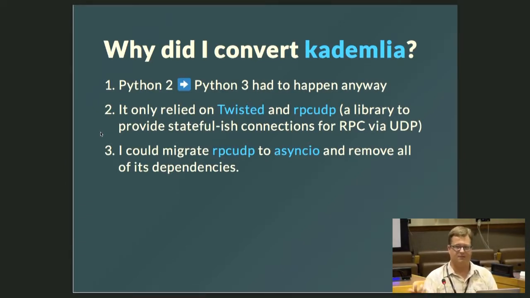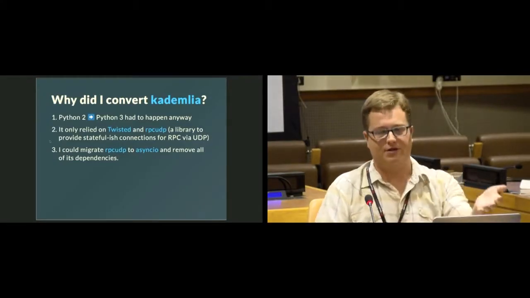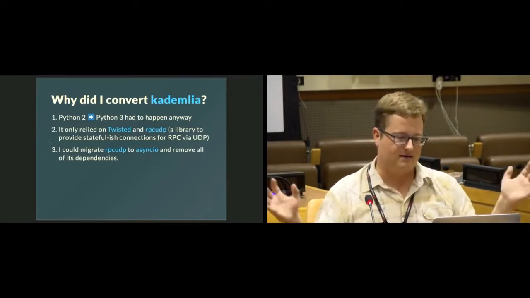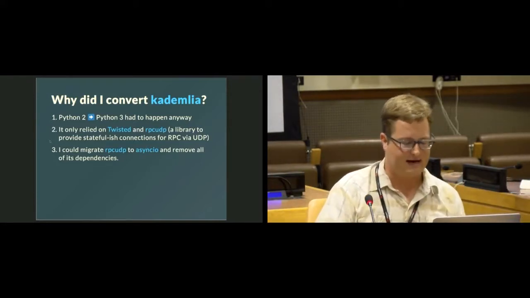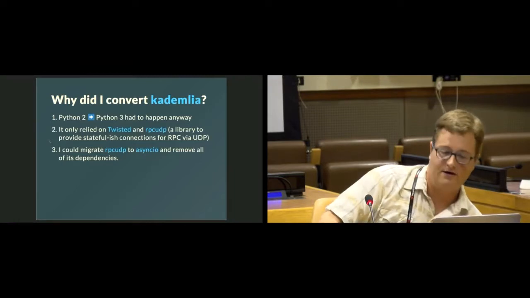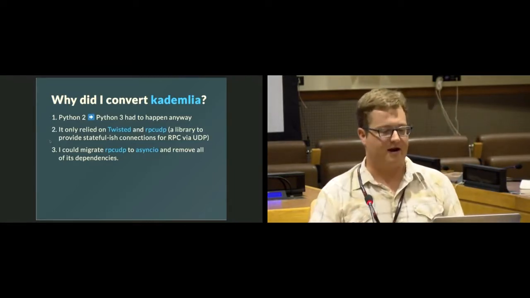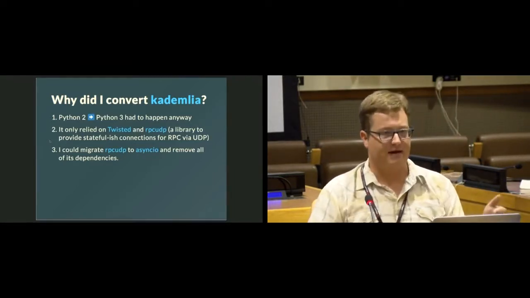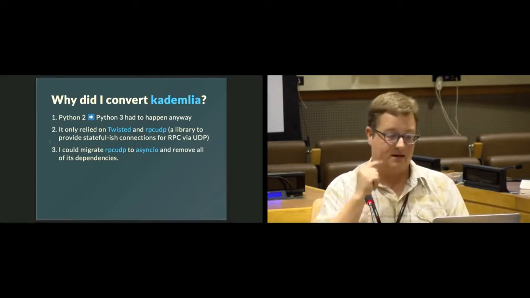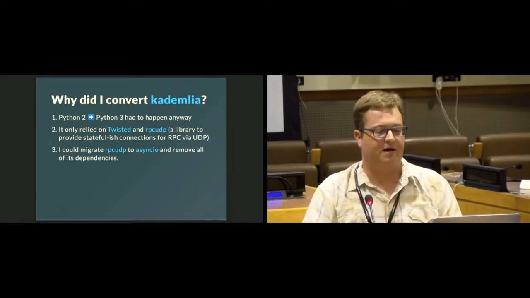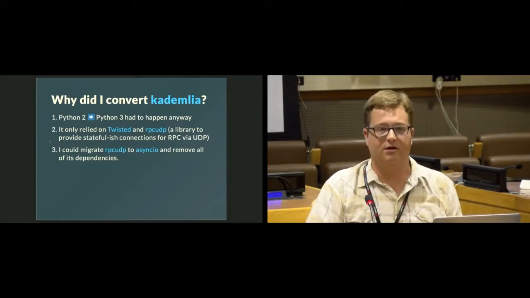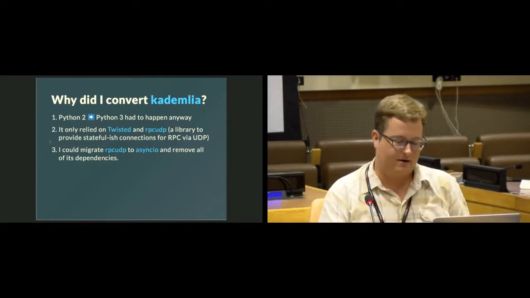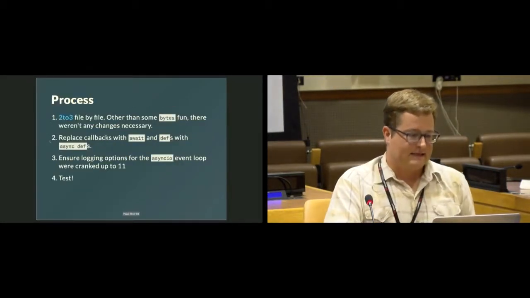So the amount of network traffic is much, much lower, but your latency is much, much higher, which is great if you don't know if another machine is up and if you have to talk to lots of them at once, like the distributed hash table. And then I knew that I could migrate RPC UDP to asyncio, and then just remove all of its dependencies, so it would no longer require Twisted. And then my actual Kademlia library only relied on that RPC UDP to actually talk to all the other nodes.